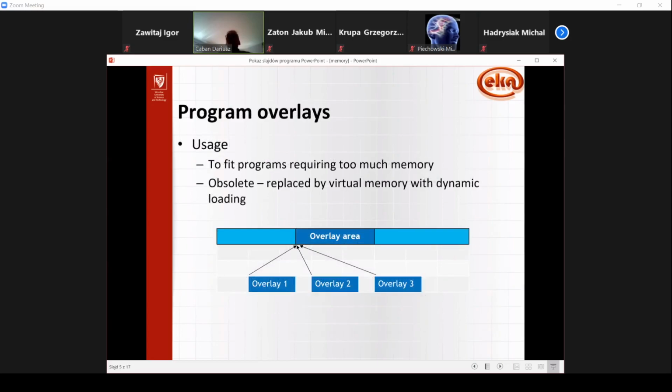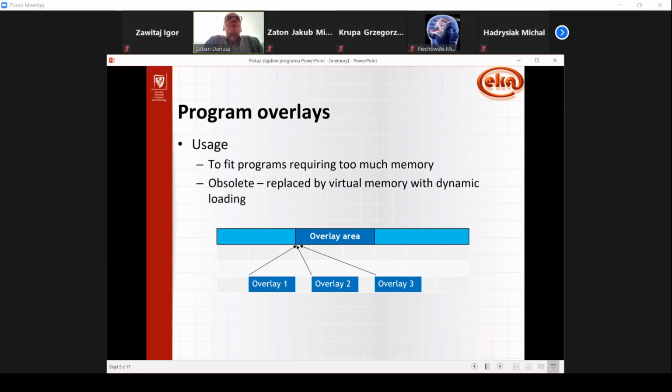Okay, one more thing that I wanted to tell you about is something which is program overlays. Once upon a time, quite a long time ago, really, it was a very popular technique.